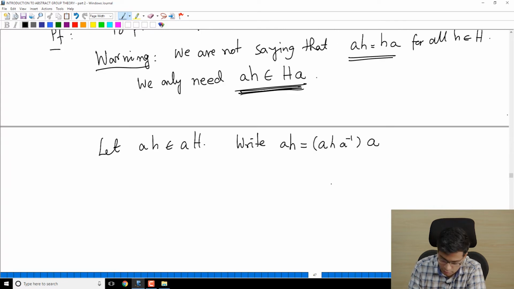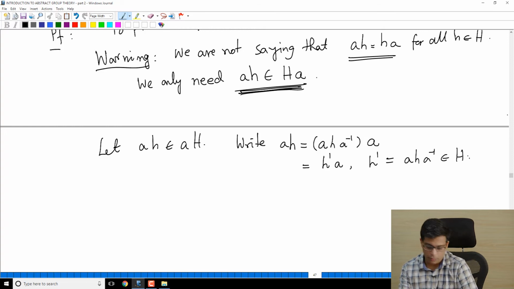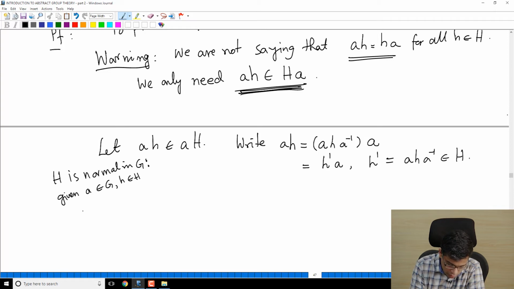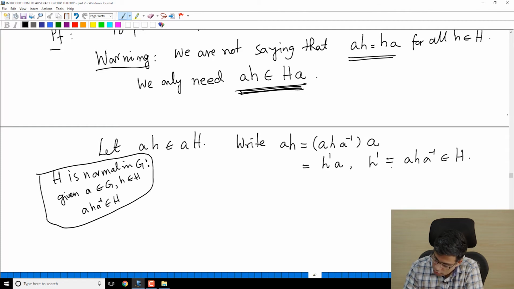But then since H is normal in G, this is where we are using the normal hypothesis, given a in G and h in H, a h a inverse belongs to H, by definition of normal subgroup. So this is in H, I am calling it h prime, which is by definition in H here.